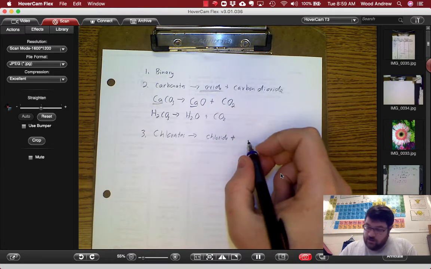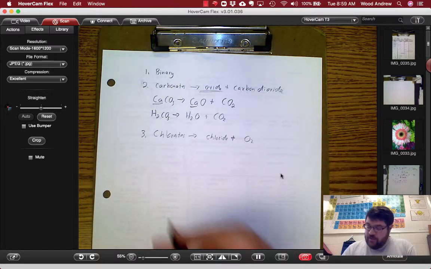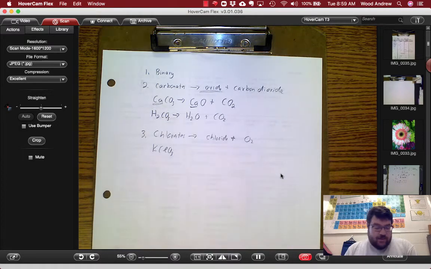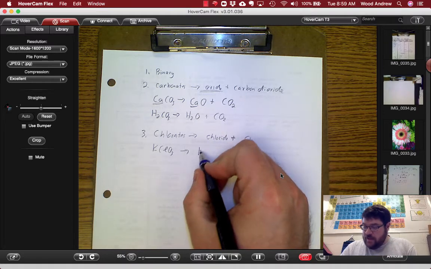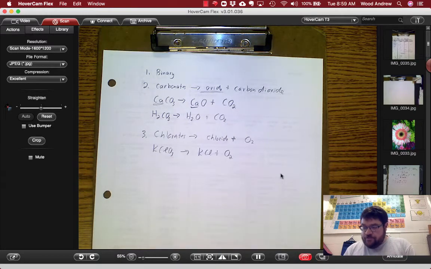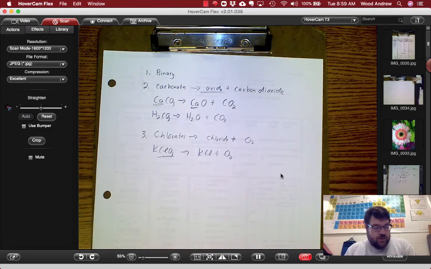And oxygen. Okay, the example they give, potassium chlorate, KClO3, will break down into a chloride, in this case potassium chloride, and oxygen. So you have to identify something as a chlorate. Well, that means it contains the chlorate ion.